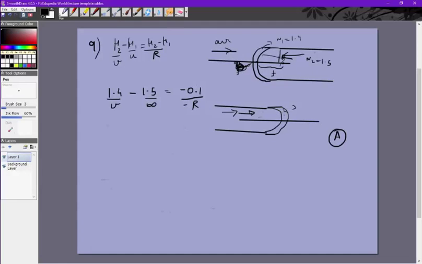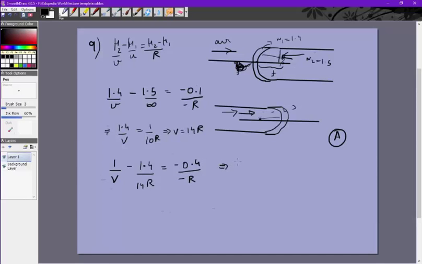So mu2 by V minus mu1 by U is equal to mu2 minus mu1, that is minus 0.1, divided by R, the radius of this surface, which is in the negative direction because this is the direction of incident light. So which gives me 1.4 by V is equal to 1 by 10R, or V is equal to 14R. For the second one, 1 by V minus 1.4 by U, U is now 14R, is equal to minus 0.4 by minus R again.